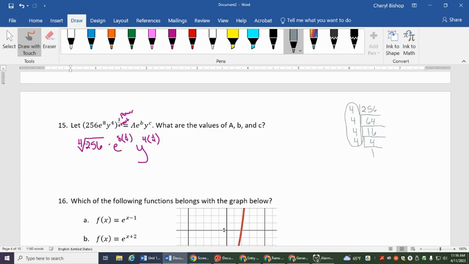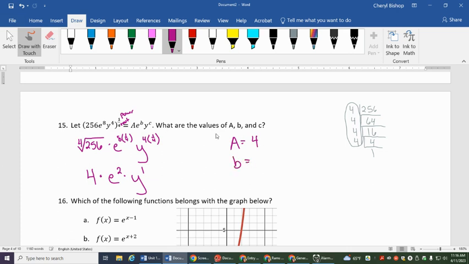Yes. So that means that this can be rewritten as just 4 times e to the, what's 1/4 of 8? 2 times y to the, what's 1/4 of 4? That's 1. So my a is the number in front of the e, which is 4.